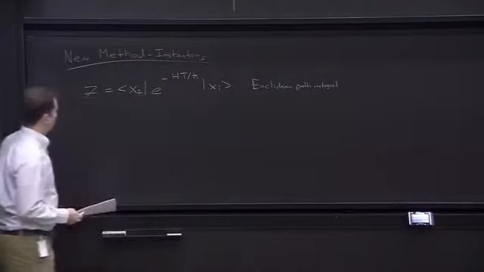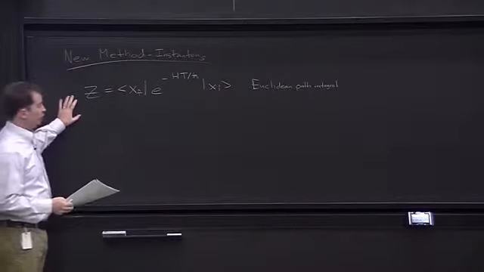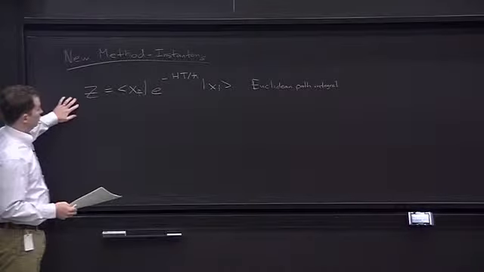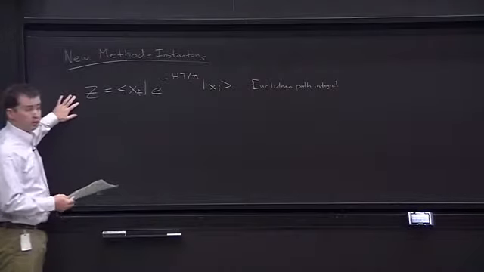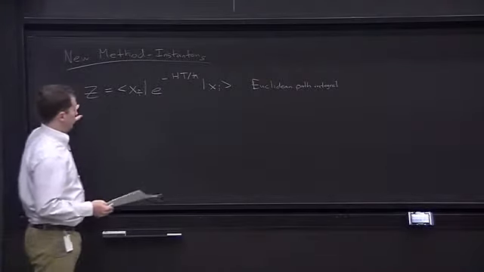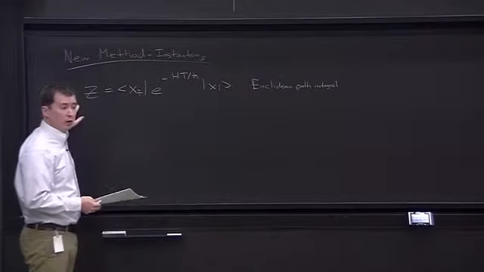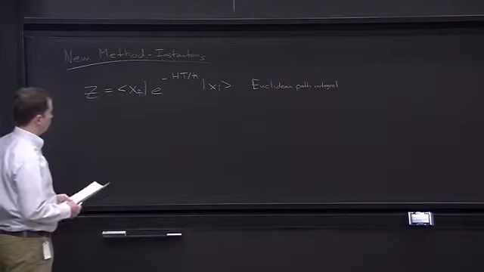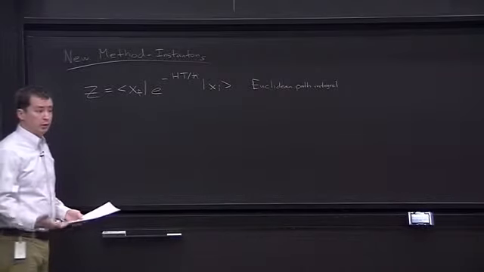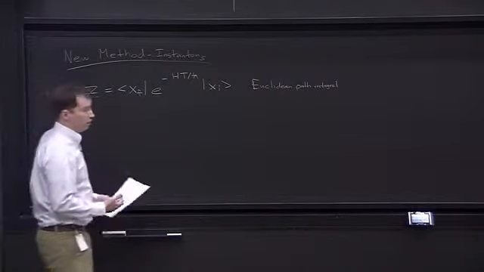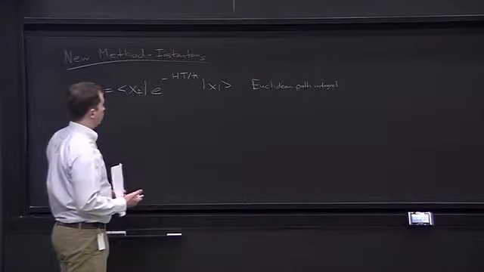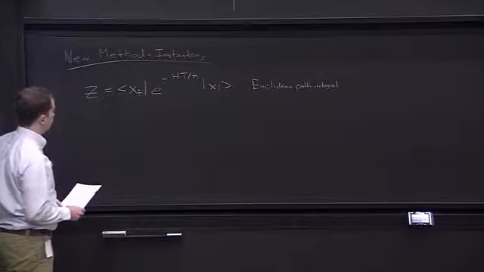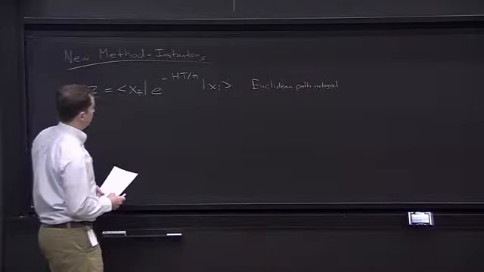We'll see in one of our examples, when we're trying to compute this using the saddle point method, our saddle points are instantons. So there'll be solutions to the Euclidean equations of motion that only have non-trivial dynamics for a short amount of time. And we'll see that in some of our examples.